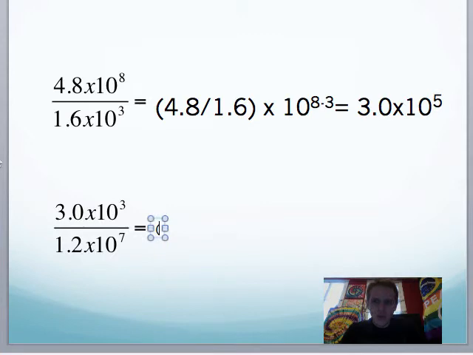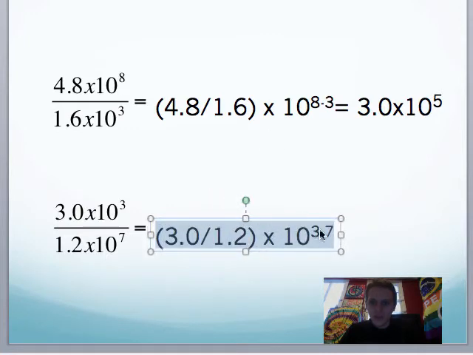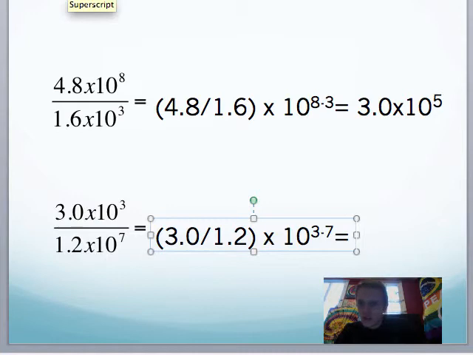Alright, so the rule: divide those coefficients, 3.0 divided by 1.2, and then you want to subtract the exponents. So 3 minus 7. Alright, so what do we get when we do 3 divided by 1.2?